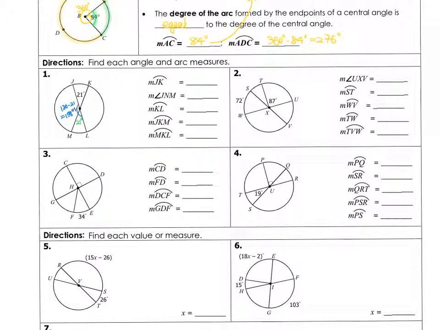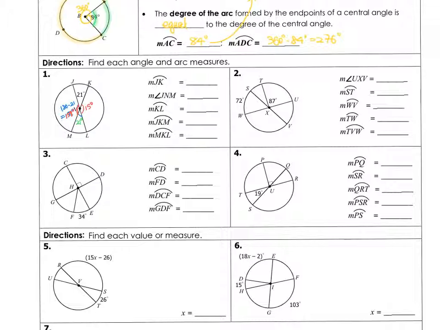And the vertical angle on this side, JKL, the red part is 159. The blue angle is 180 degrees.